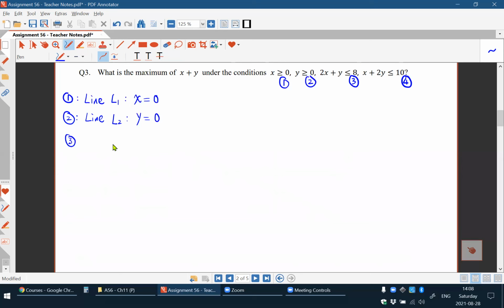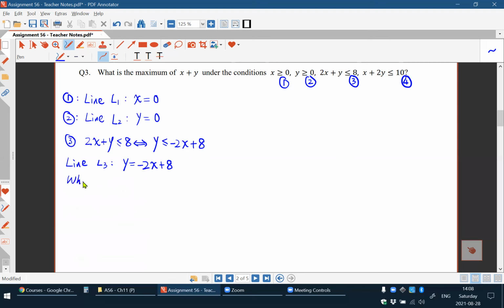Okay, constraint number 3, 2x plus y less than or equal to 8, right? Okay, again, we need to separate x and y. This is equivalent to y is less than or equal to -2x plus 8. And then the corresponding boundary line, let's call this L3, is y equals -2x plus 8.